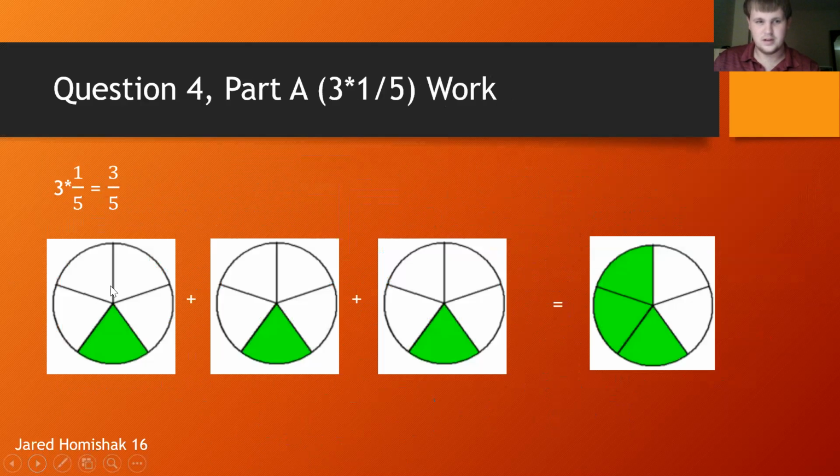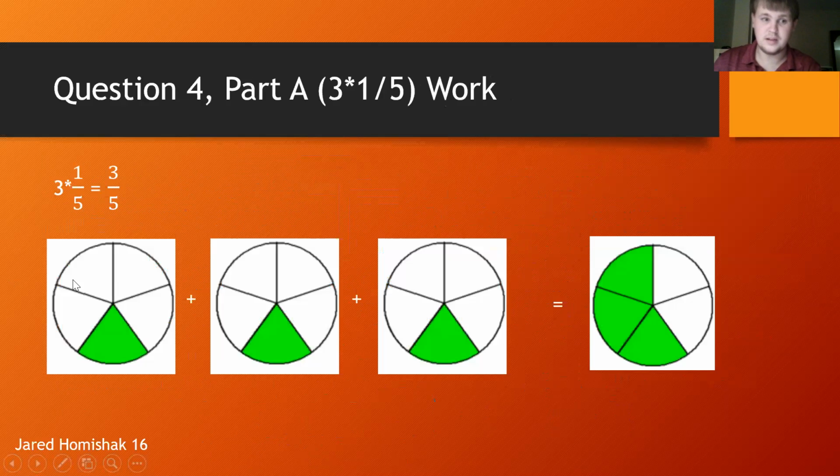For the fourth question, this time we're going into multiplication of numbers. Do you remember when you multiplied a number, say like 4 times 3, you were just going 4 to the right of 0, 3 times? Well, that's pretty much the same concept here with the multiplication.